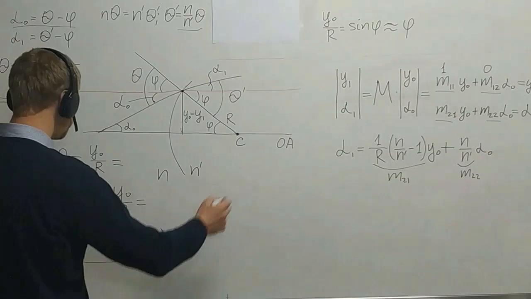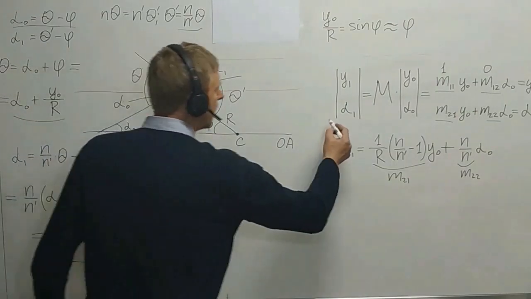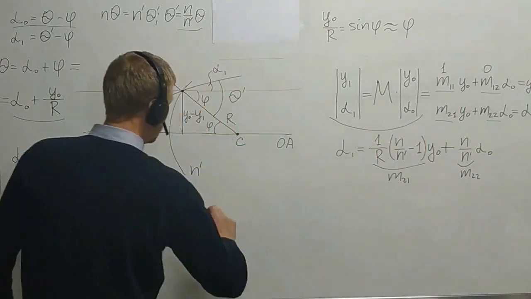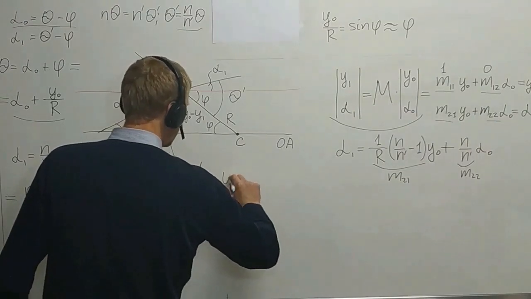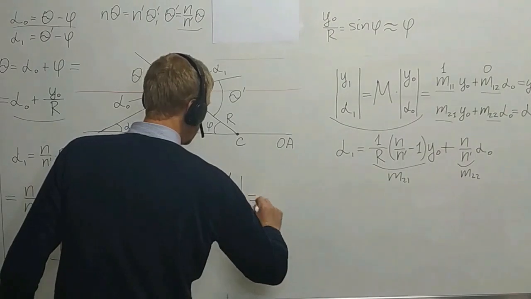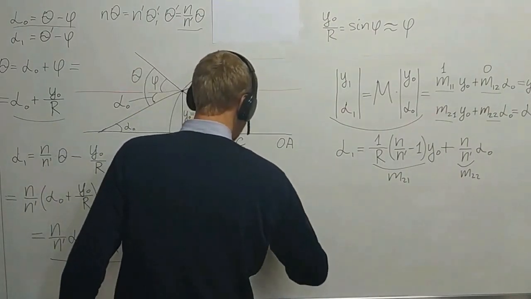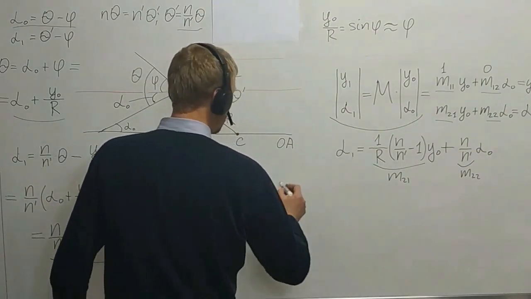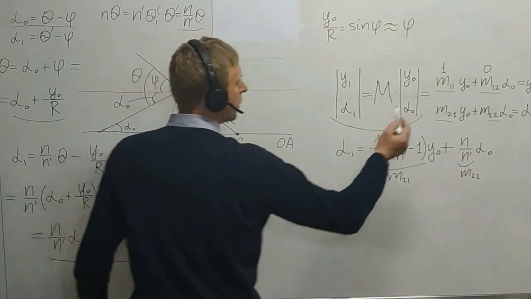And now, as the final step, I can rewrite this equation. So I have y1 alpha 1 is equal to the matrix with 4 coefficients.